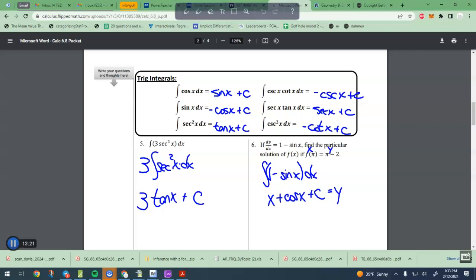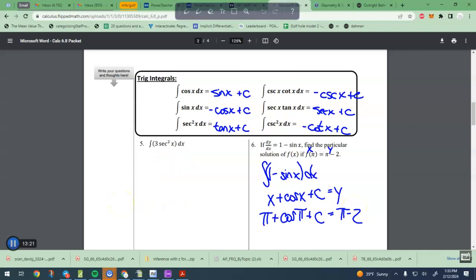And then plug in what we know. So pi plus cosine of pi plus c equals pi minus 2. I can cross these out, right? I got a pi on both sides, so if I just subtract pi from both sides, that'll go away.